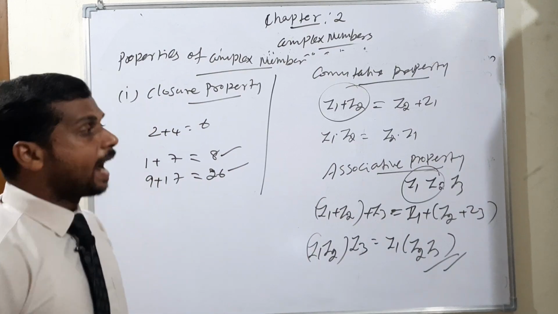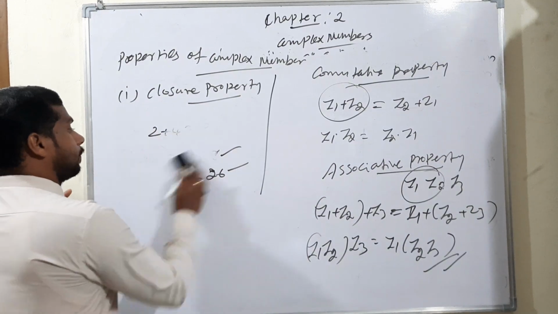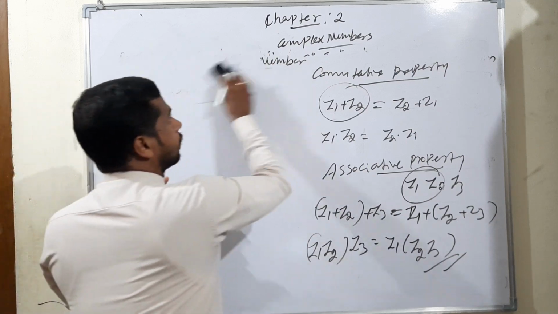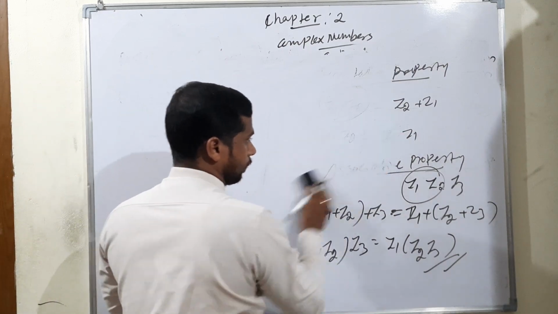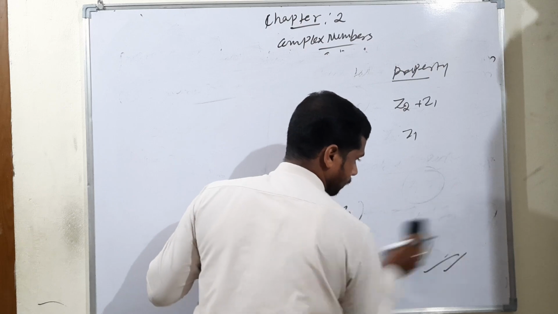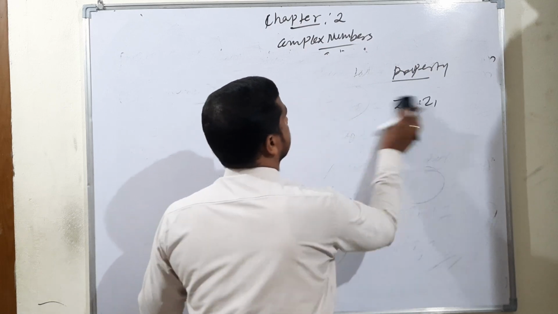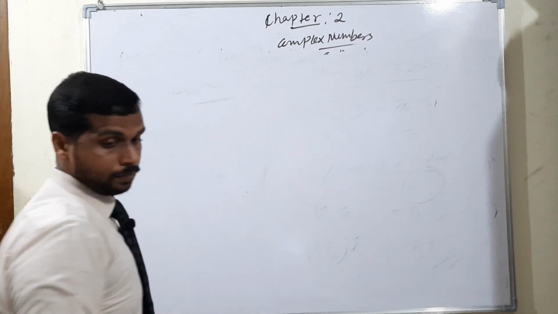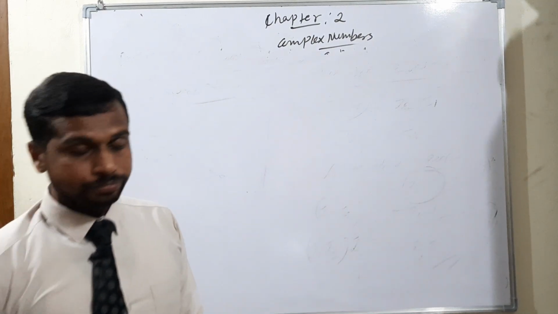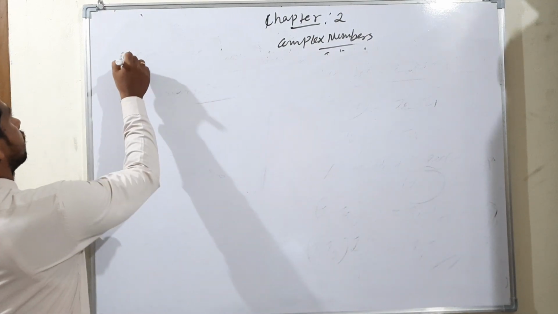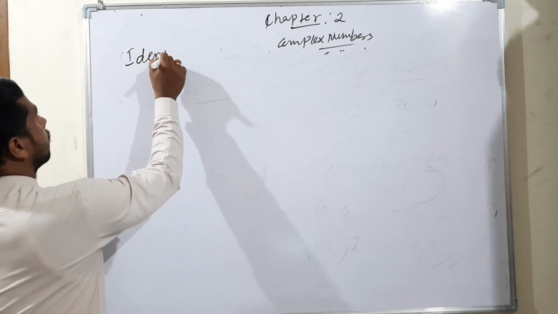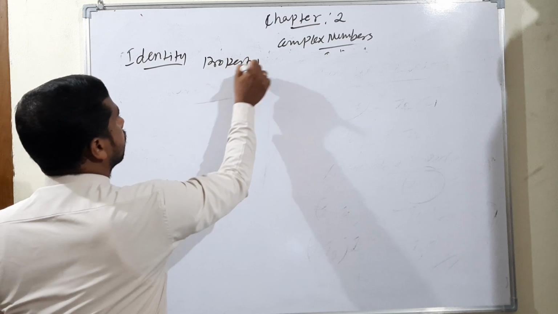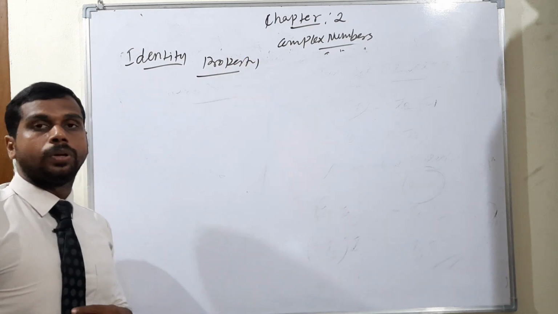Then another one, identity property. Look at there.